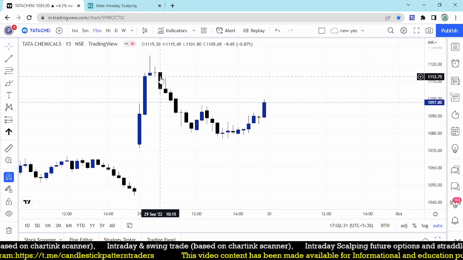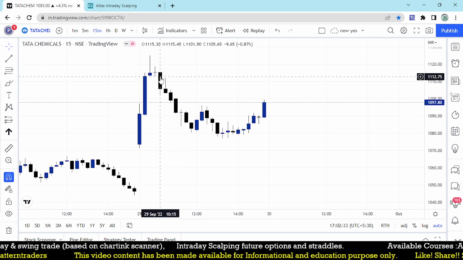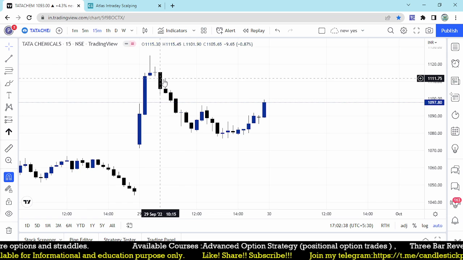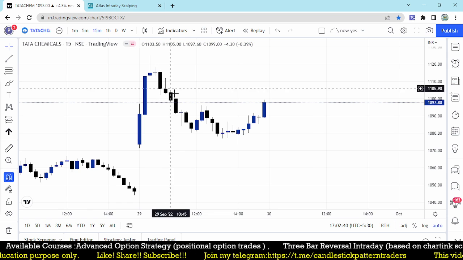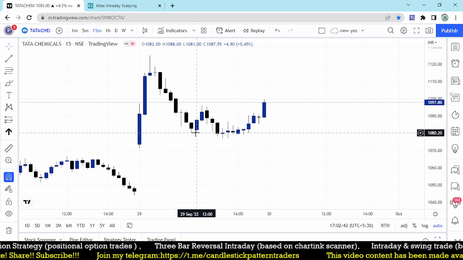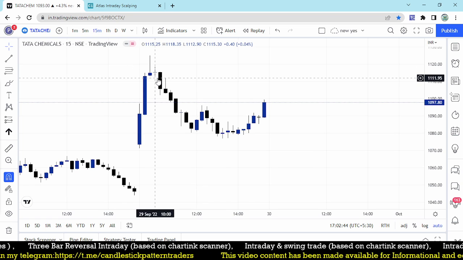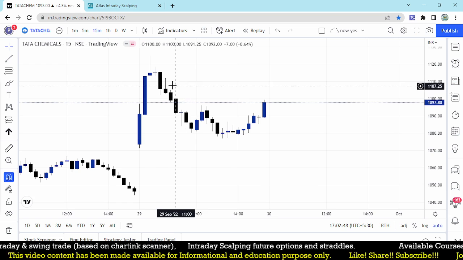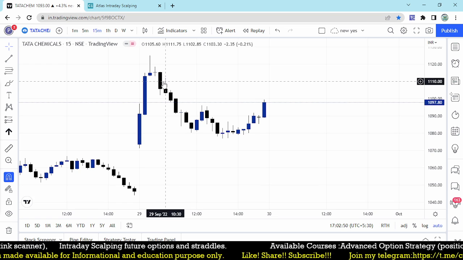From the 12 rupees risk, around 1112 or the low of 113, it broke down and gave 1080, almost more than 1:2. The maximum low is 1076. Here are the 25 points there, almost 38 points, it generated the profit.